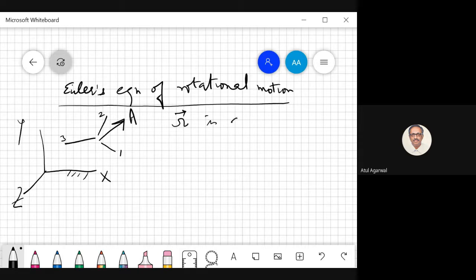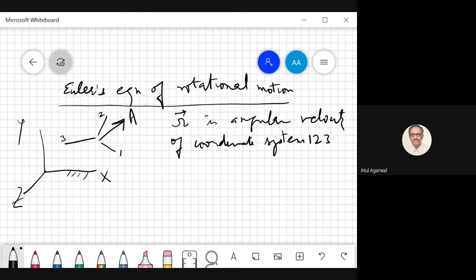Omega is the angular velocity of coordinate system 1 to 3. Now vector A is measured in this rotating coordinate system as seen by the fixed coordinate system x, y, z.